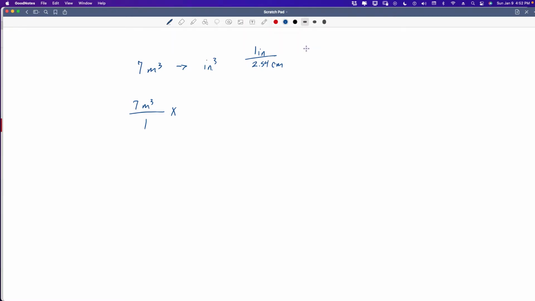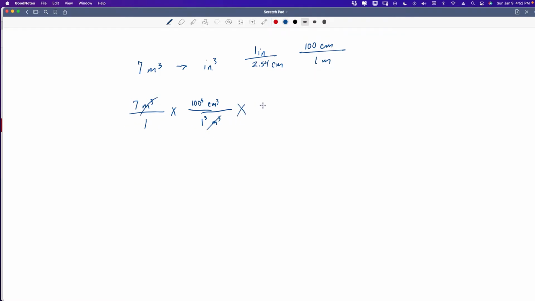And 100 centimeters was equal to 1 meter. We learned that if we cubed all of these units individually, we didn't have to write it out, right? So 100 cubed times centimeters cubed is equal to 1 cubed meter cubed, which allowed us to cancel out the meters cubed.